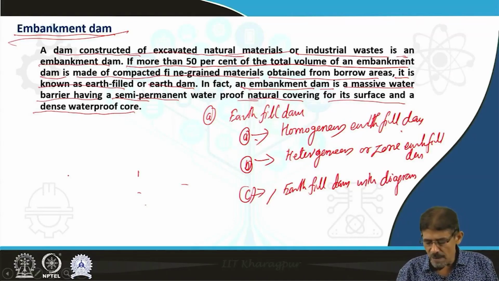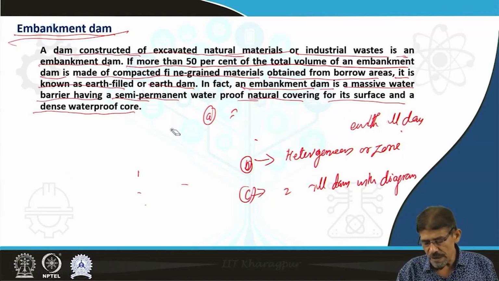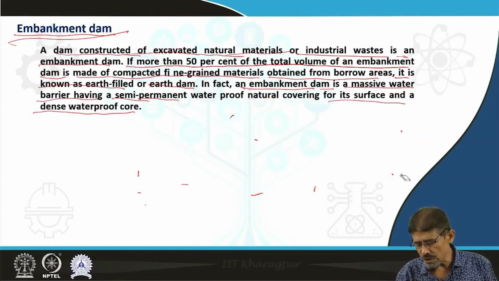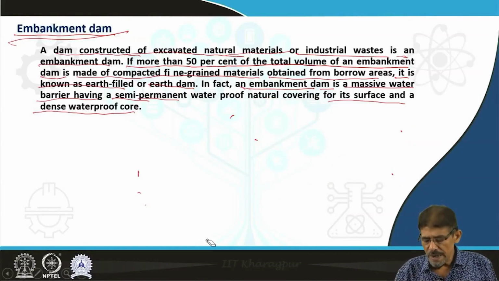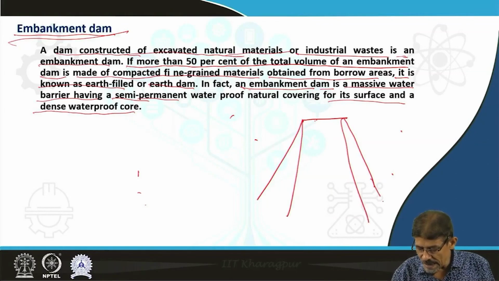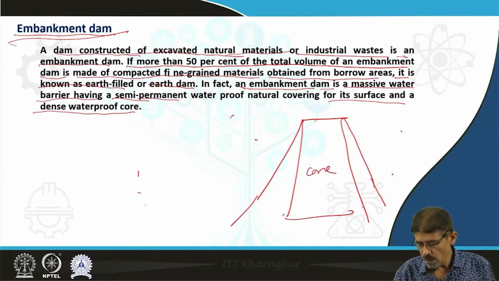Here we have already discussed, if the whole structure is made up of homogeneous soil, it is a homogeneous earth dam. If it is zoned, it means we have one layer here, another counter layer, and in between these two we have a core. So in this way this is also known as a core earth dam.